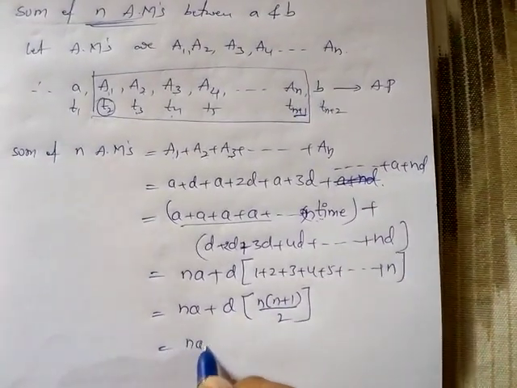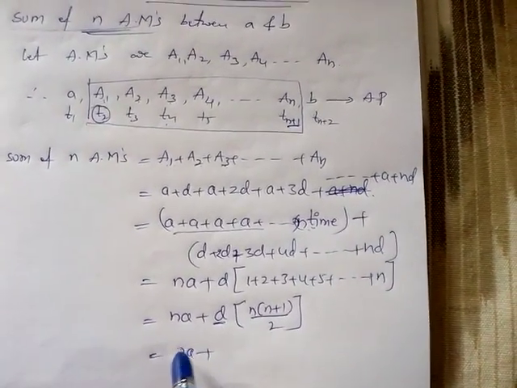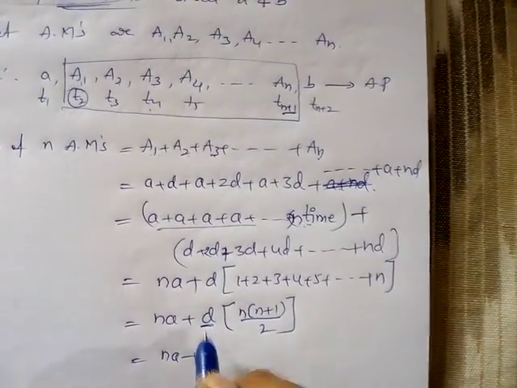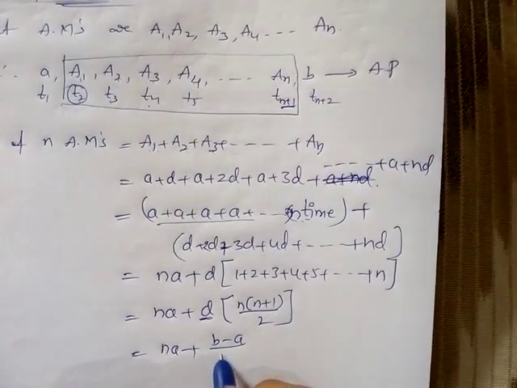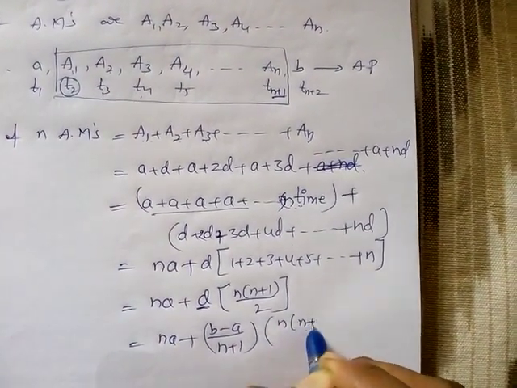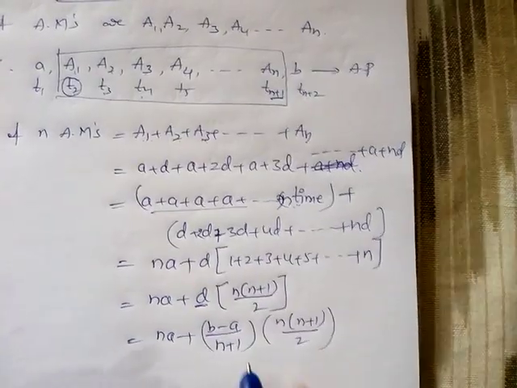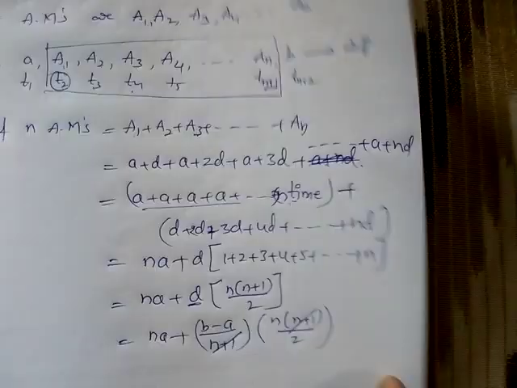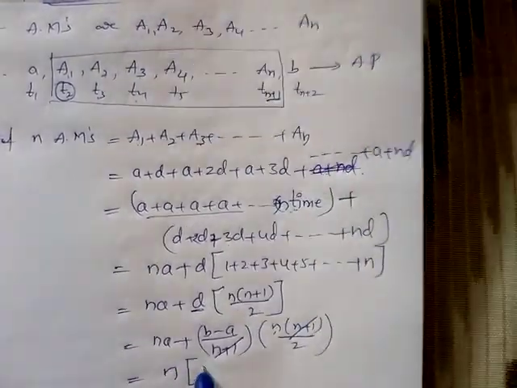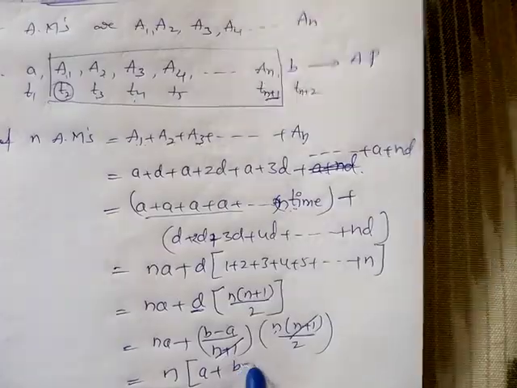So na plus, what is the formula for d? If n arithmetic means lie between a and b, then the common difference d is equal to (b minus a) by (n plus 1), times n into (n plus 1) by 2. So n plus 1 cancels. Here n is common, so n of a plus (b minus a) by 2.